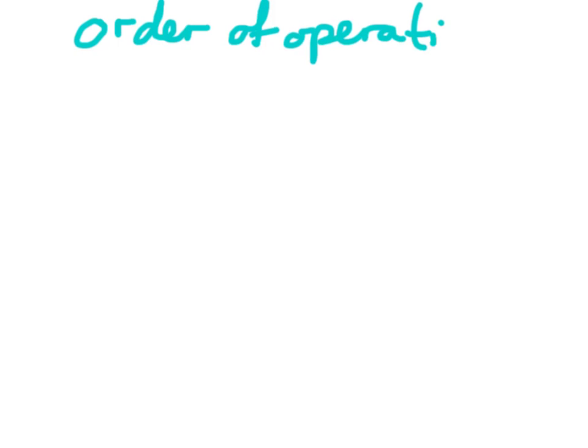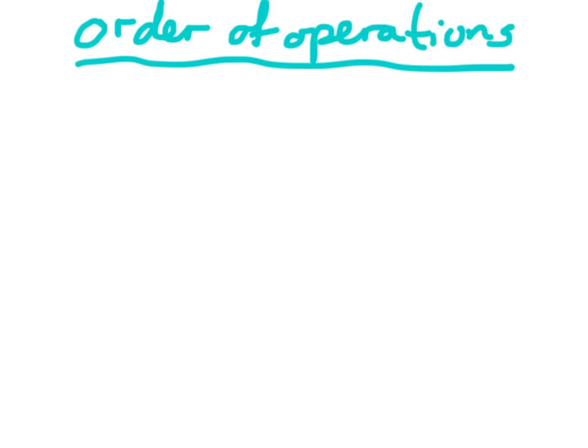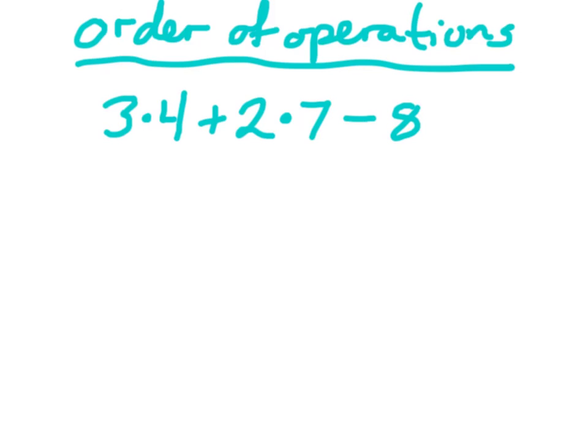As we started working here, I realized that an order of operations might be useful. An example of this would be, we'll start with an easier example: 3 times 4 plus 2 times 7 minus 8.